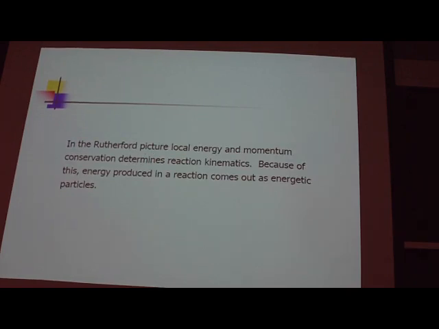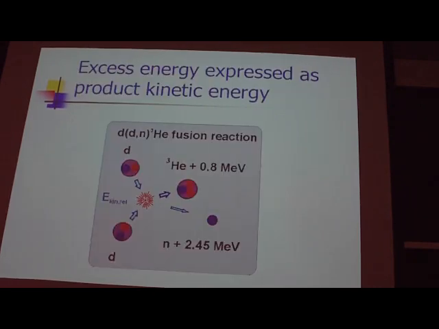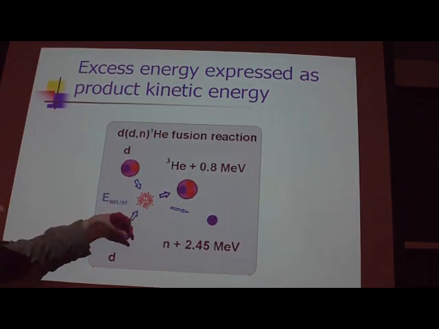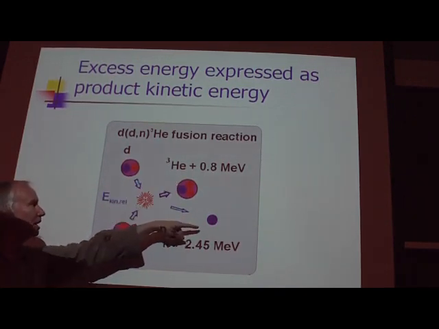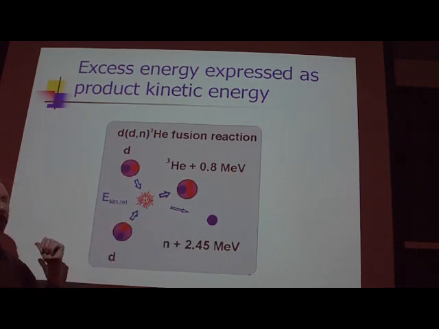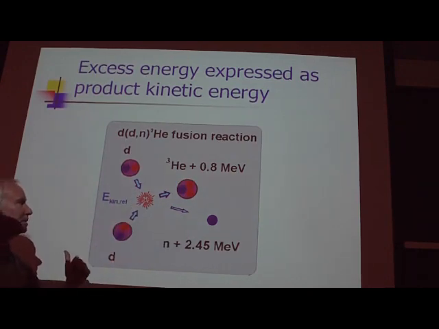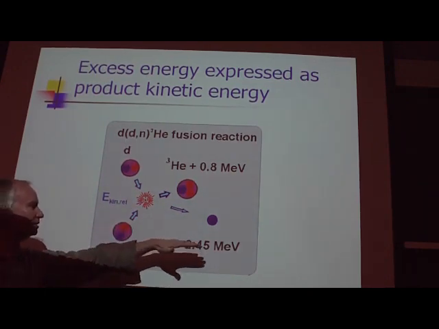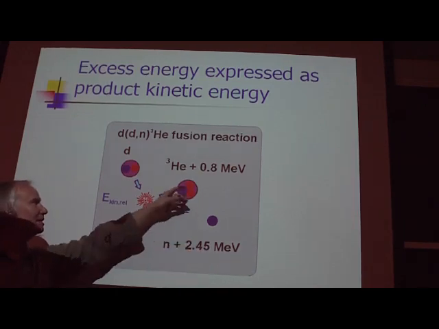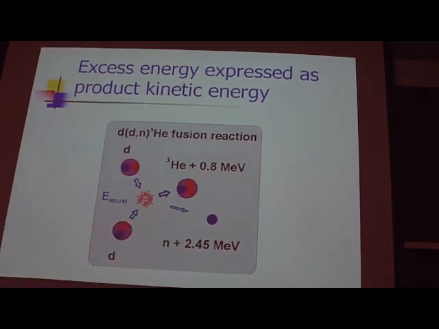So this basically simple Rutherford picture, you can take advantage of it to understand an awful lot about the kinematics microscopically. So for example, if you've got a DD reaction and you make 3 plus 1, then these relationships can tell you how much energy the 1 has and how much energy the 3 has.